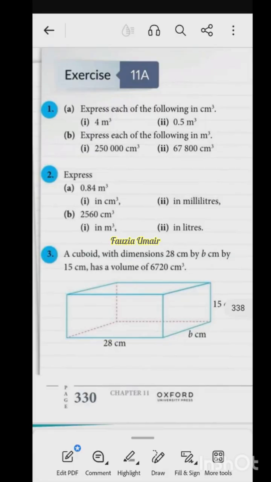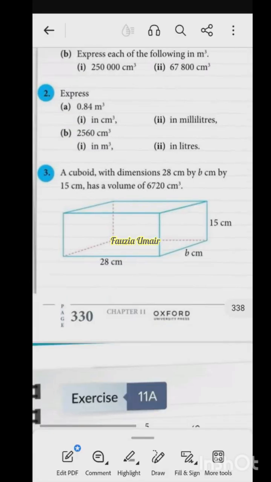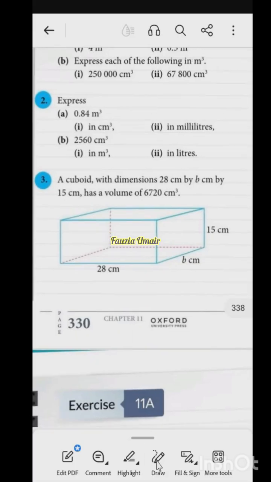Can you see the question on your screen, bete? Yes, ma'am. Can you read the question, Abresh? Question number 3.